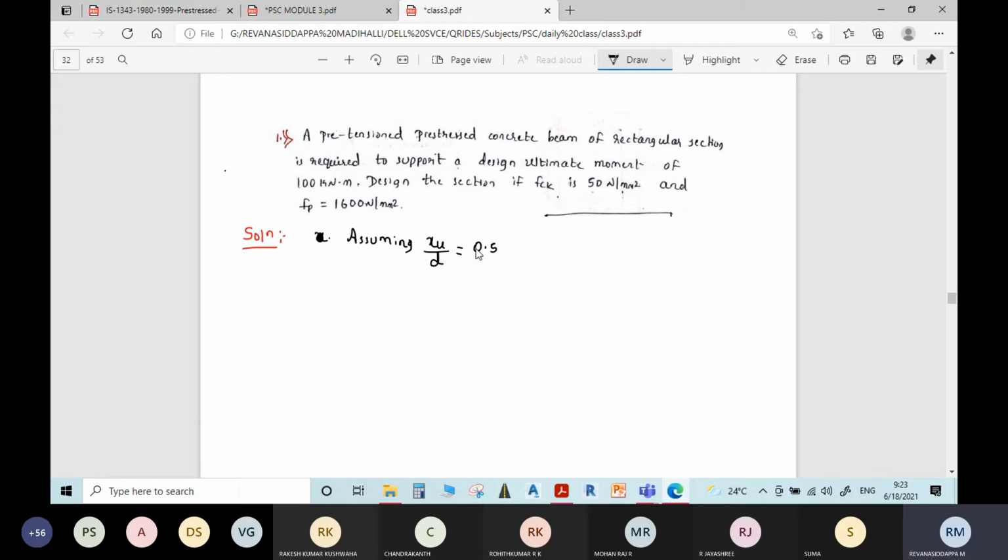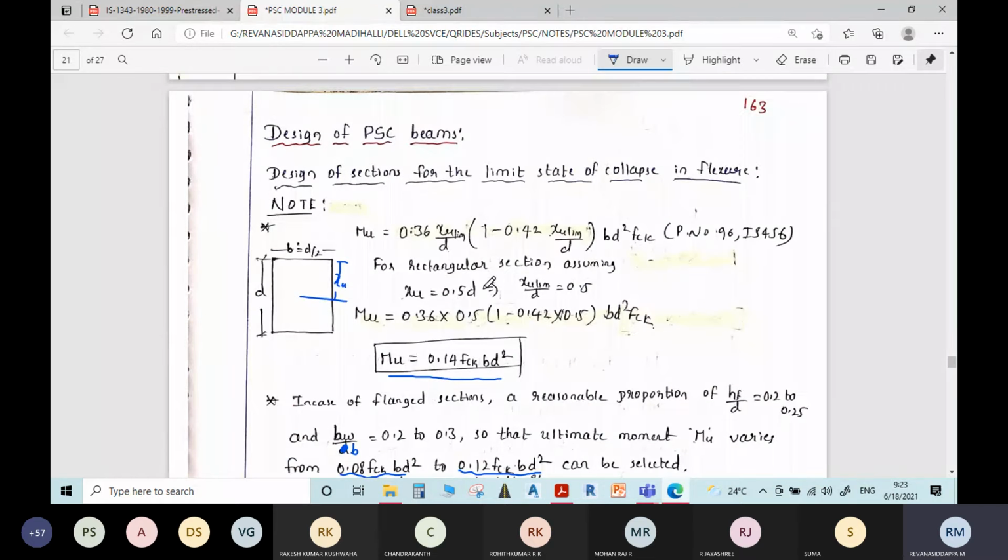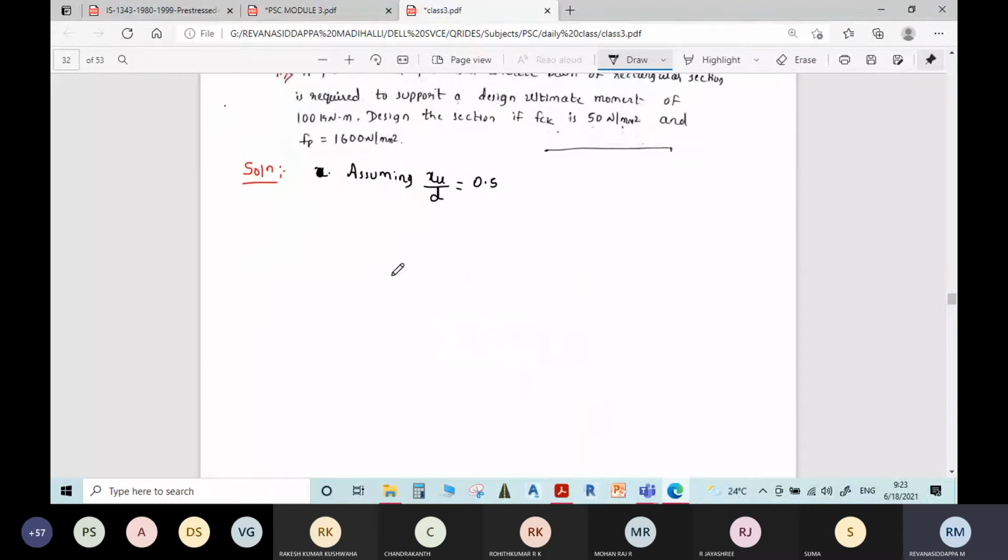Depth of neutral axis we will assume 50% of the effective depth. If you assume the depth of neutral axis 0.5 d, then the formula will be Mu is equal to 0.14 fck bd square. Write that formula, 0.14 fck bd square.